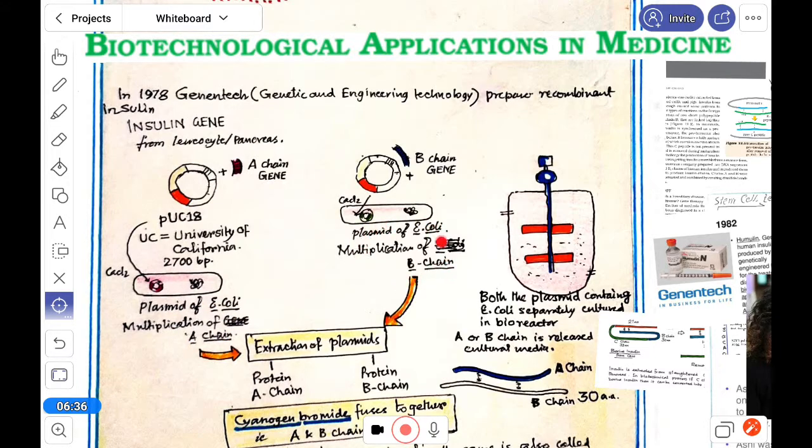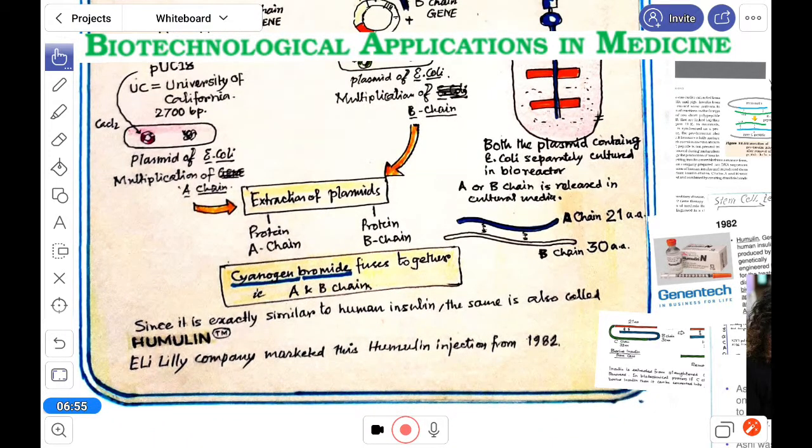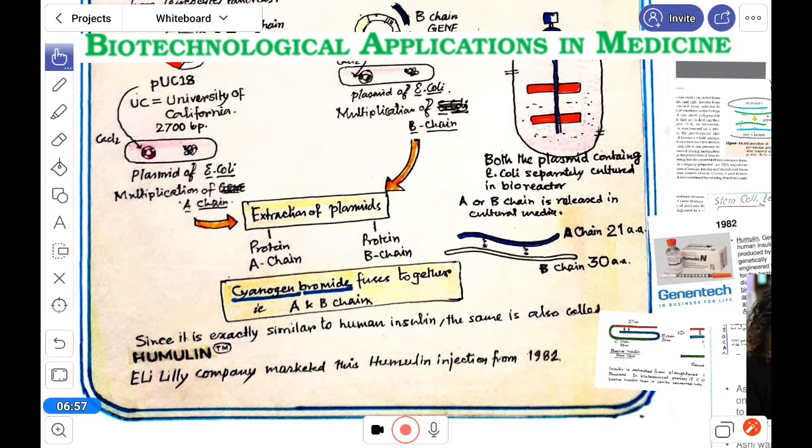When the protein is produced in the bacteria, the B chain can produce its protein and the A chain can produce its protein. These two are collected separately, from the plasmids of E. coli, the multiplication of the A chain and the B chain.